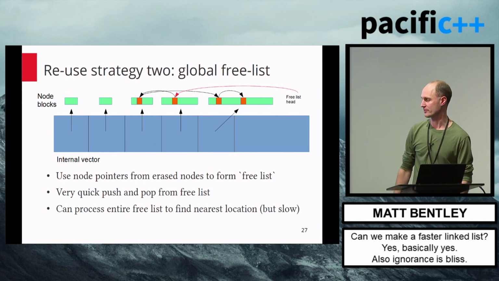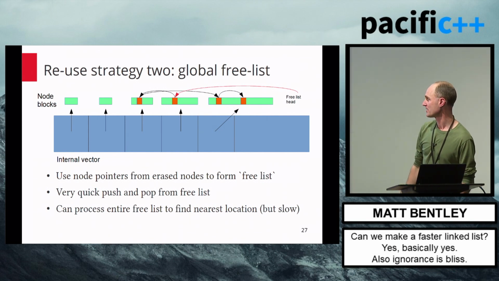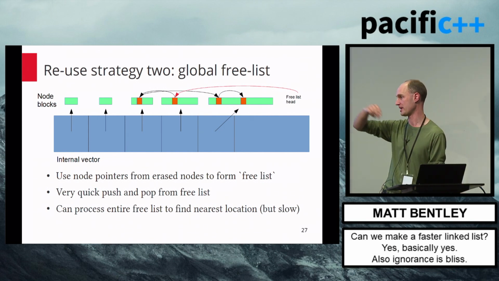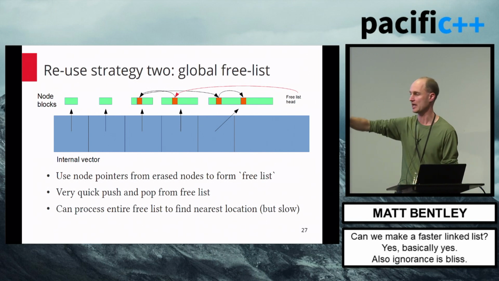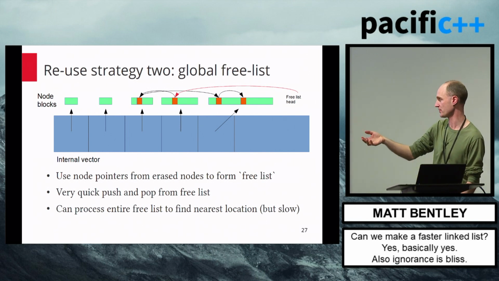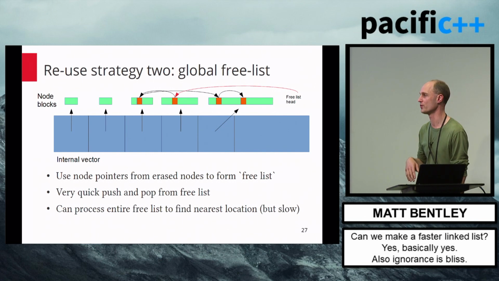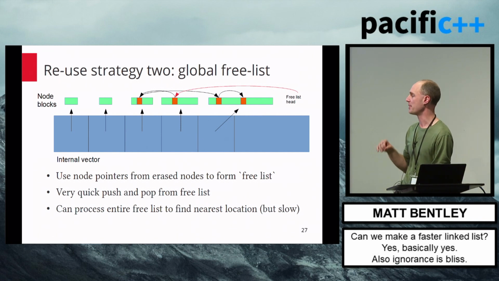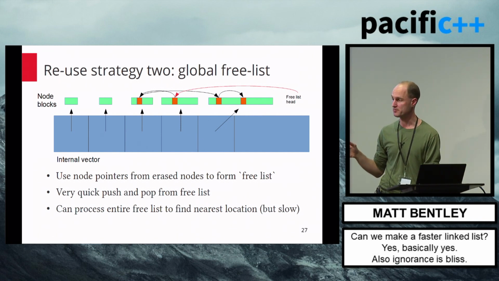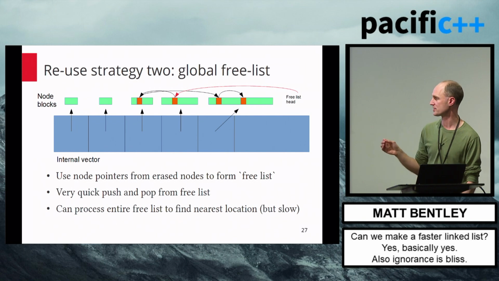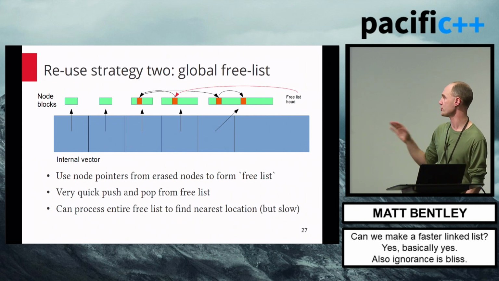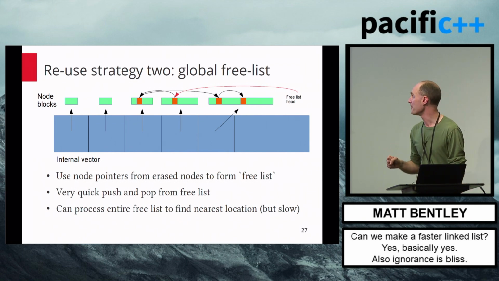That element is generally unioned with a pointer, and the unioned pointer points to the next erased element, and to the next erased element, and so on and so forth. That doesn't work out so well for generalized containers because unions in C++ don't support some very basic class functionality. But for a linked list, it works out fine because you've already got the previous and next pointers there, so you don't actually need to union anything.